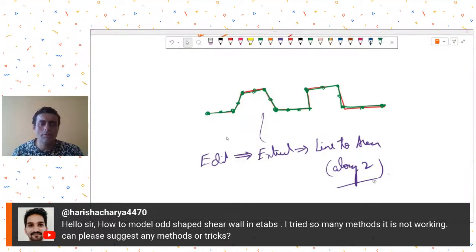This option of extrusion was always there in SAP2000. It was not there in ETABS, but I think since the last 6-7 years, after ETABS 18, they have this extrusion option in ETABS also. So liquid retaining structures or any random shaped structure you can easily create using this extrusion option. Okay.